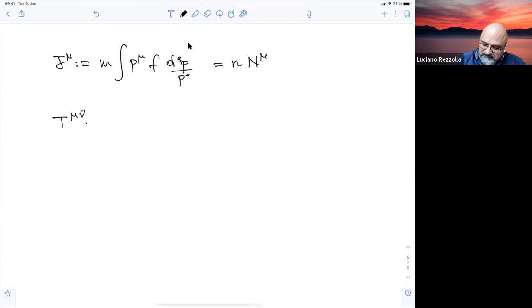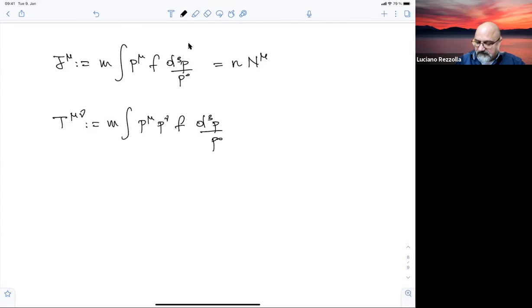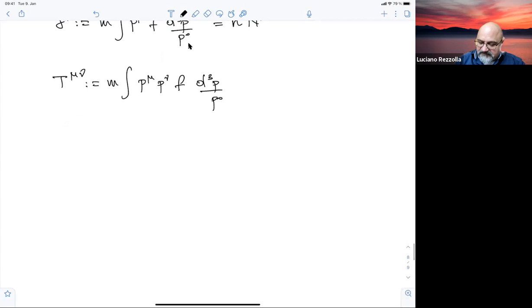And T mu nu would be the second moment, so this would be m P mu P nu f, again integrated over d3P over P naught. And you can define all the other moments, but as I said, the building blocks for us are J and T. That's the first route, which is not a route I would follow here.